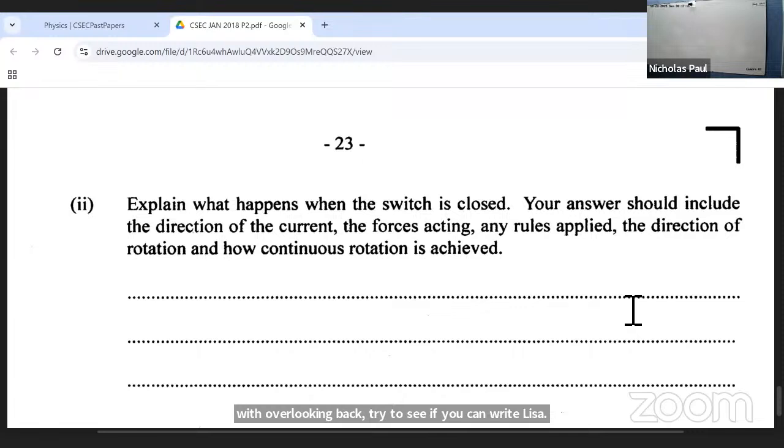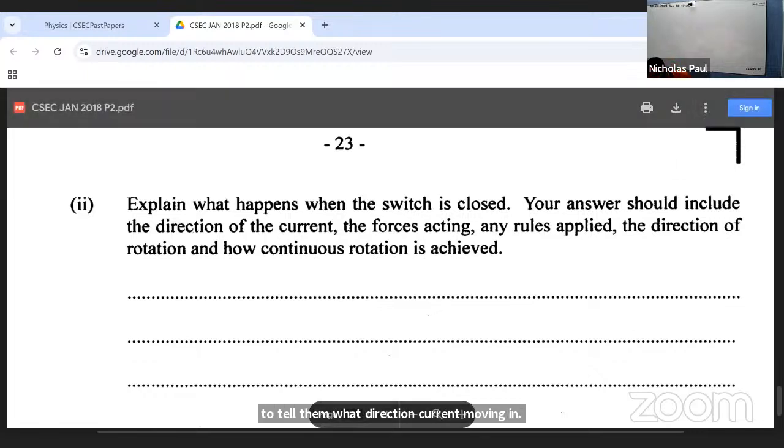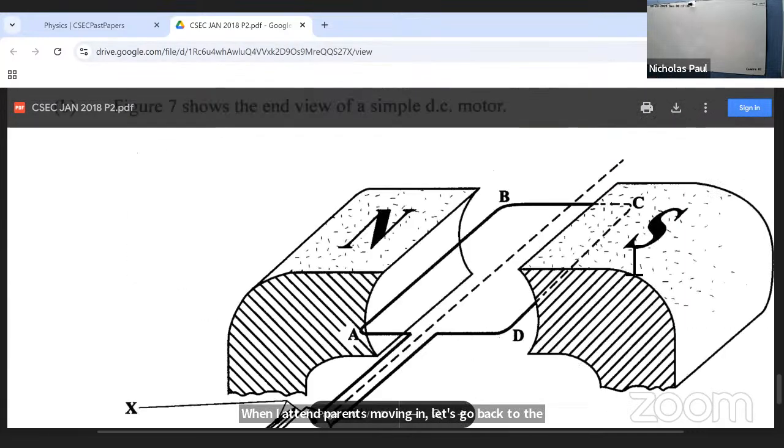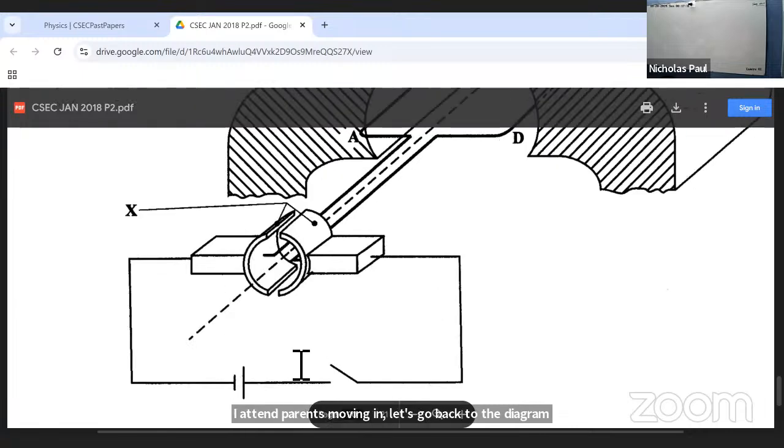That's the equation I go to. So tell them what direction the current is moving in. Let's go back to the diagram. Here is positive, right?